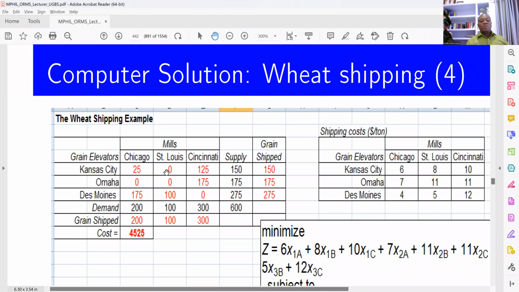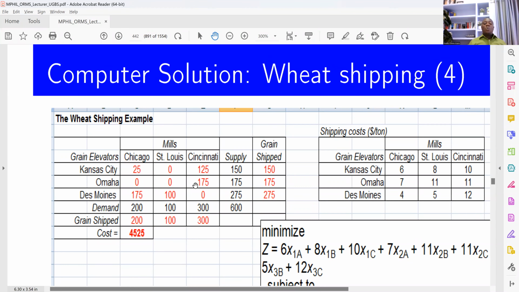Nothing was transported from Kansas City to St. Louis. So when you are asked what the optimal solutions are, the optimal solutions are these numbers. And you don't have to talk about the zeros, by the way. Just talk about the ones that are not zeros.